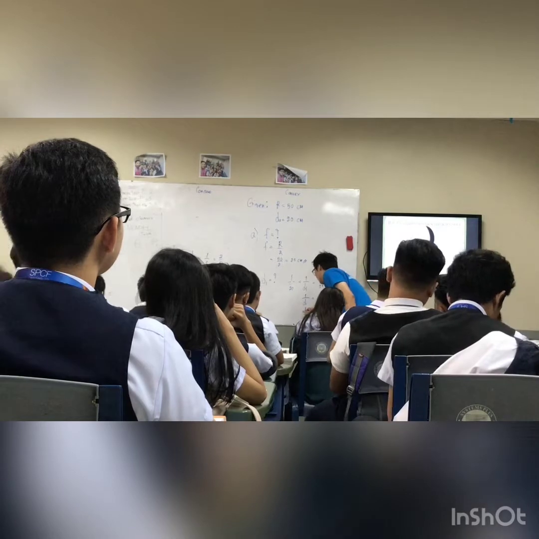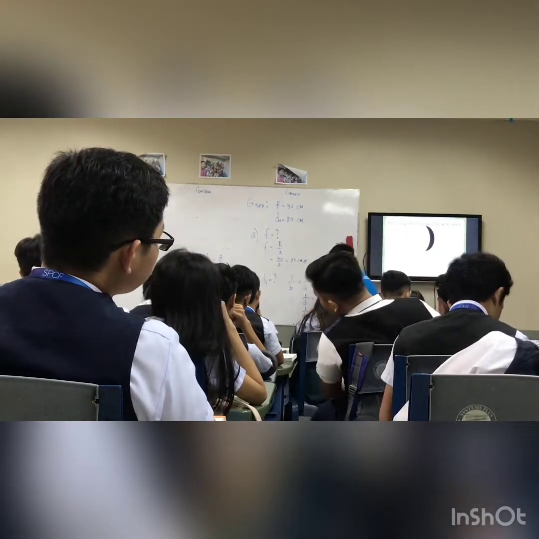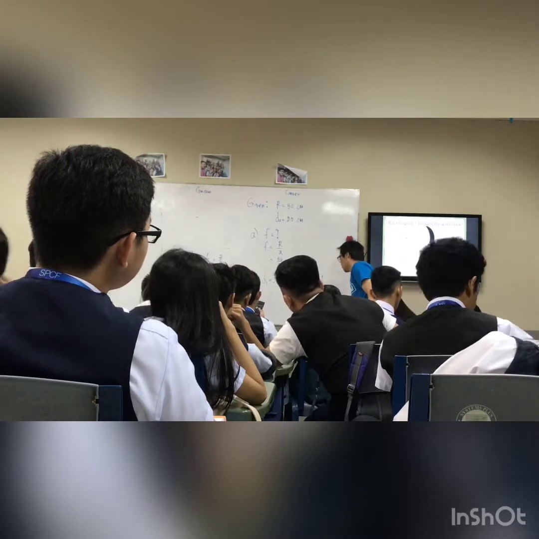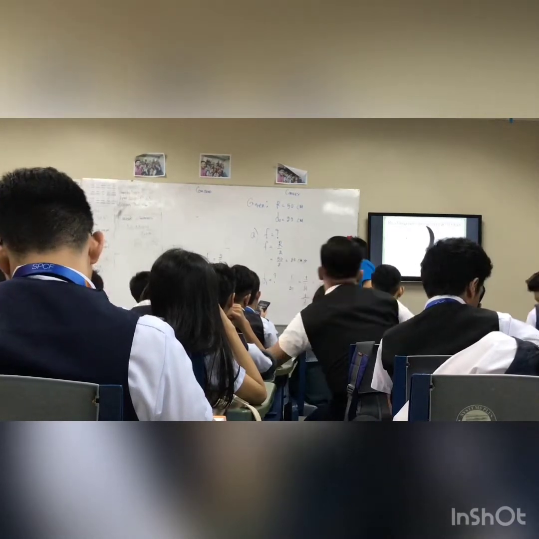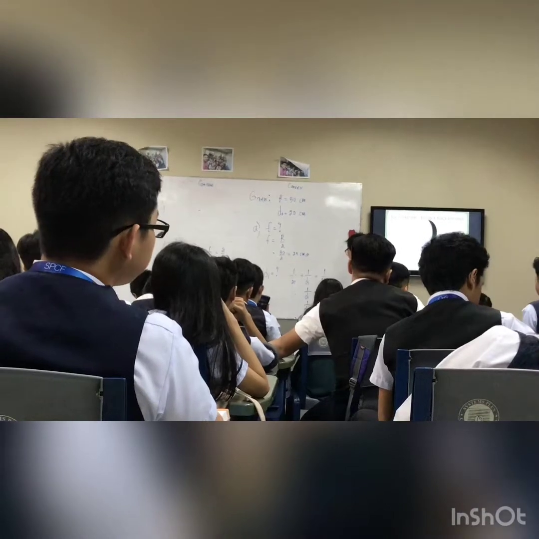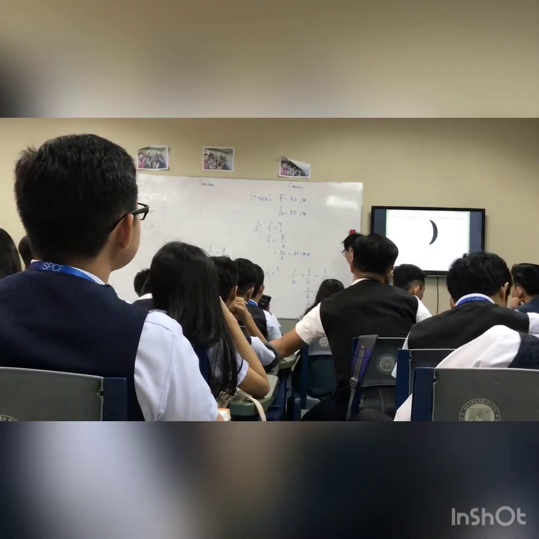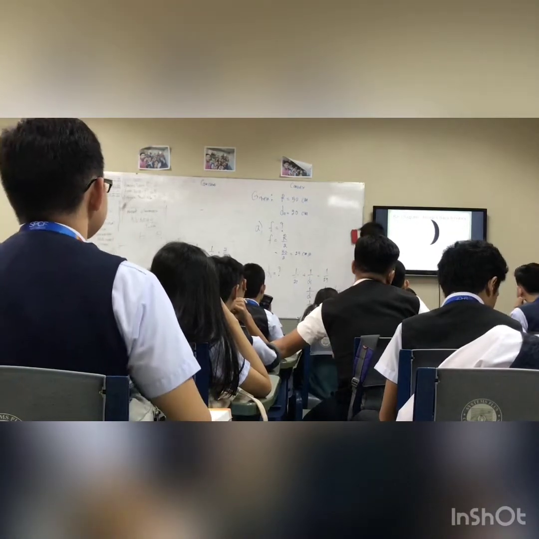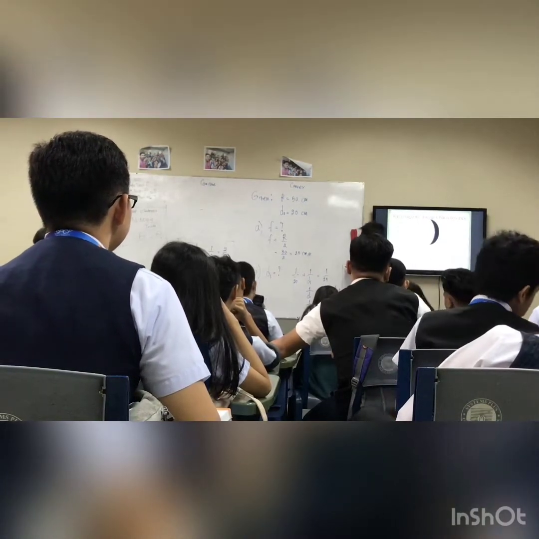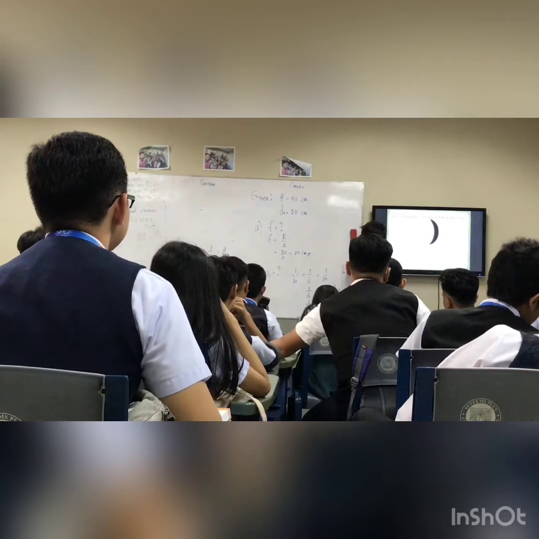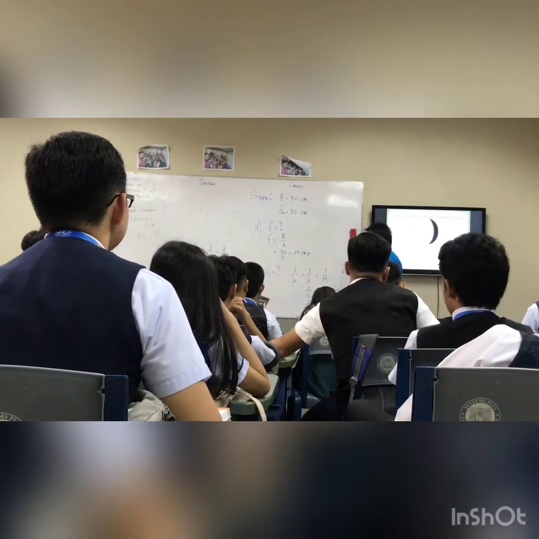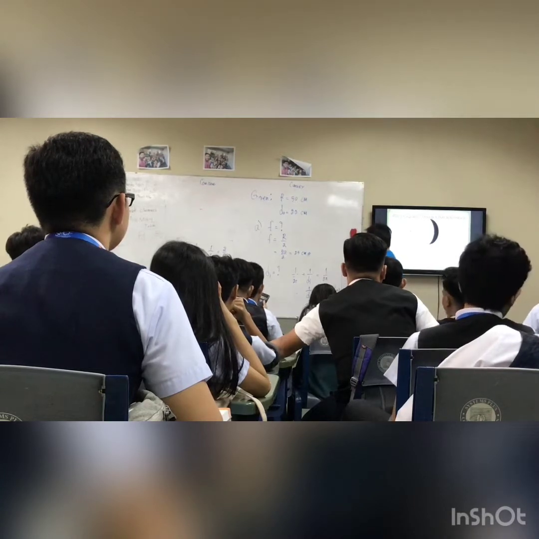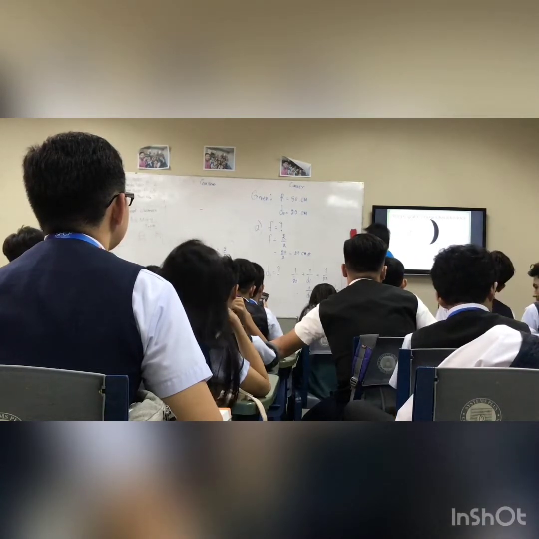So 1 over DI is equal to 4 over 100 minus 5 over 100. So 1 over DI is equal to 4 minus 5, negative 1, negative 1 over 100.